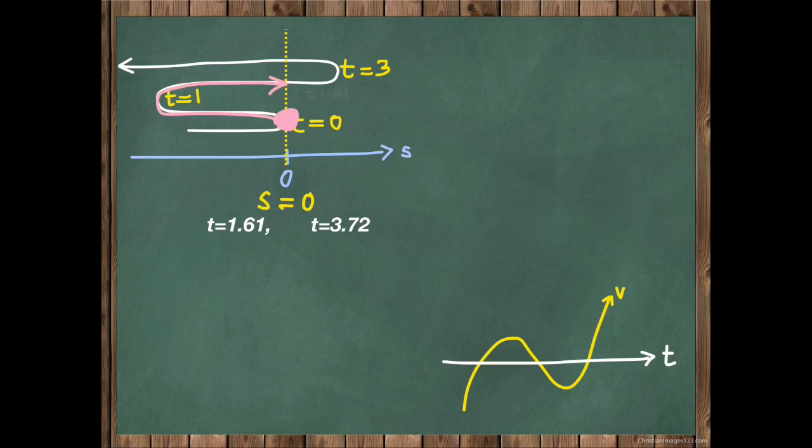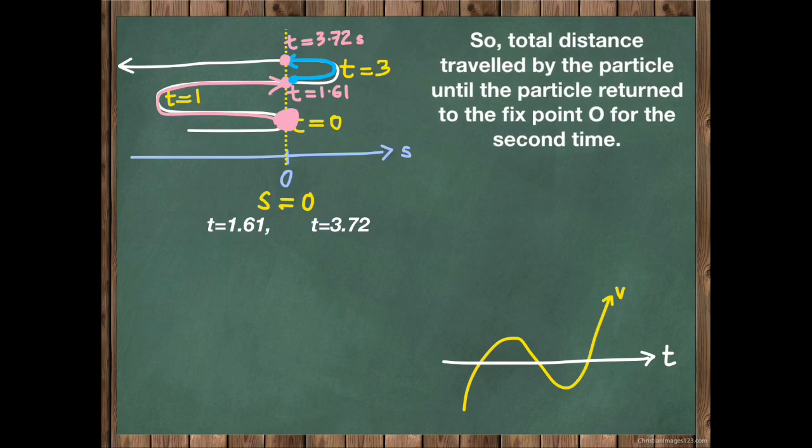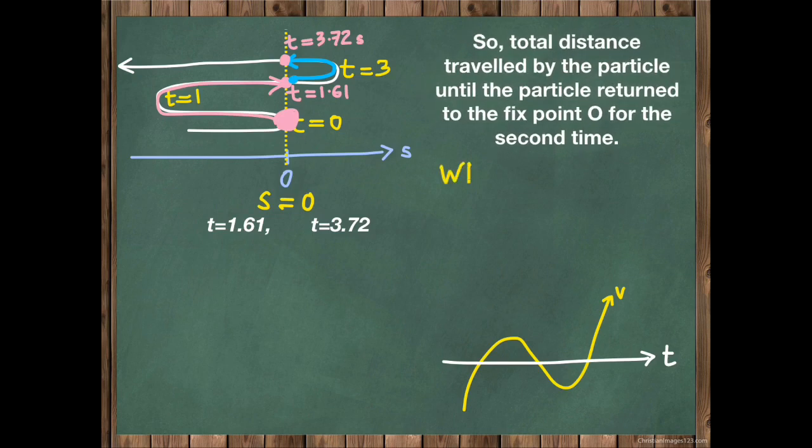And then when the particle returns to the origin for the second time, t is 3.72, and the location for the second time is here when t equals 3.72. So now we know the time interval when the particle returns to the fixed point O for the second time. So the total distance traveled by the particle until it returns to the fixed point O for the second time is when t is between 0 and 3.72.